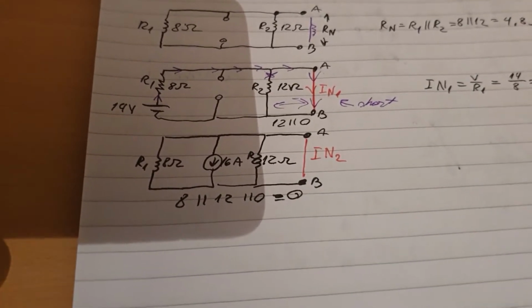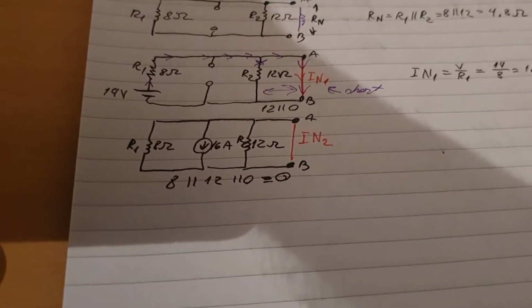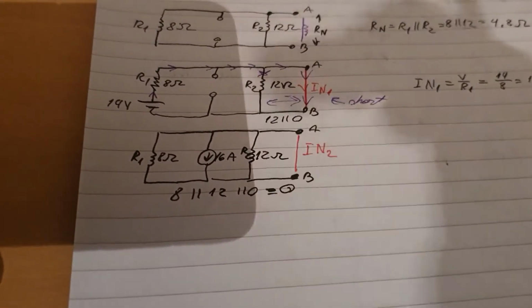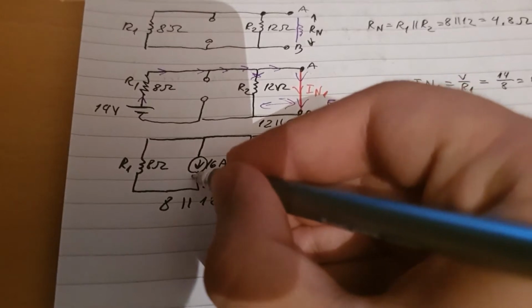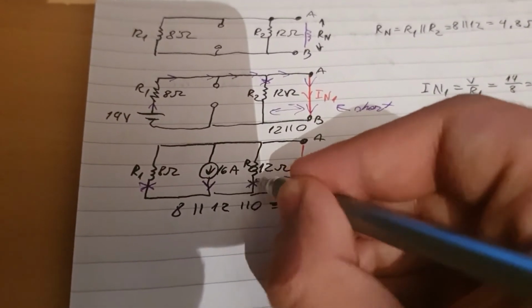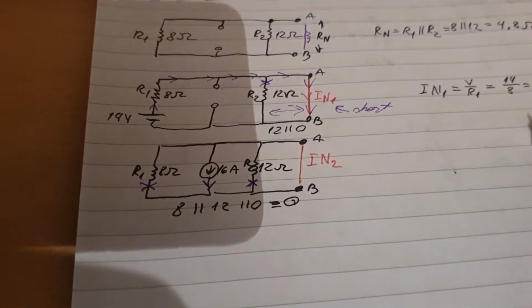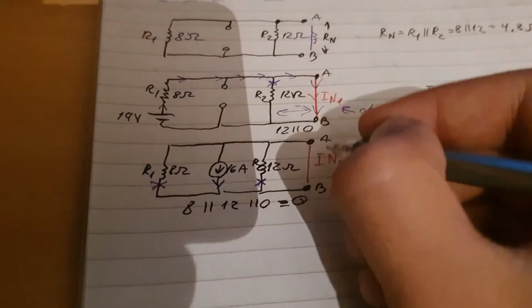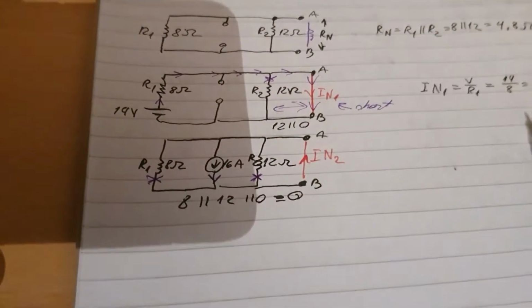That means it's a short circuit. And as I said, now you can see why it's so easy to calculate when you have a current source, because simply the current will go through here. There is nothing here, so no current will go through here, and no current will go through here. All the current will go through I2. So you go in this direction through I2.